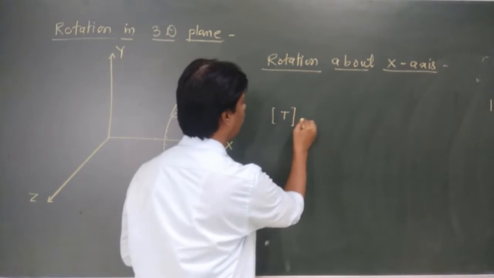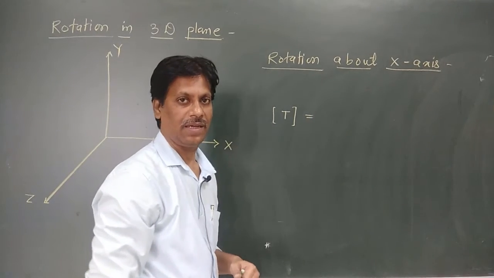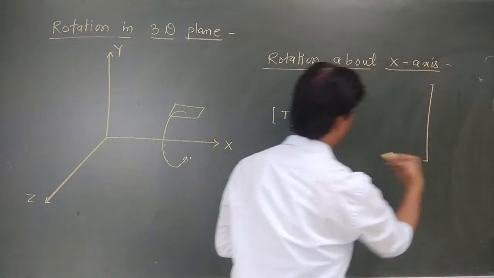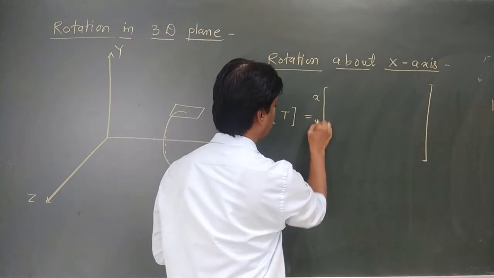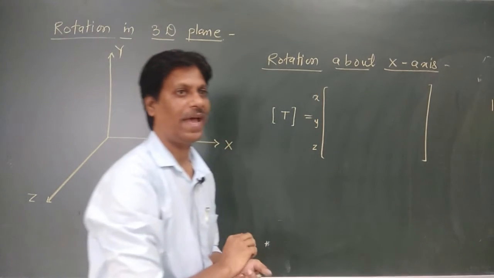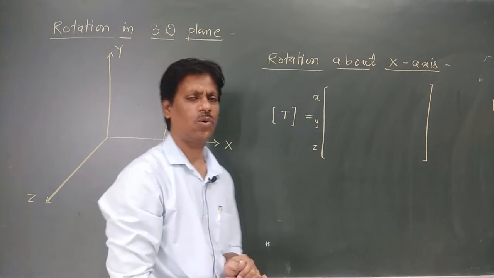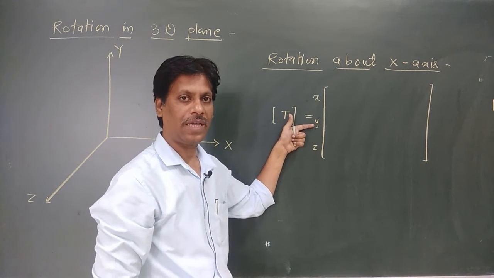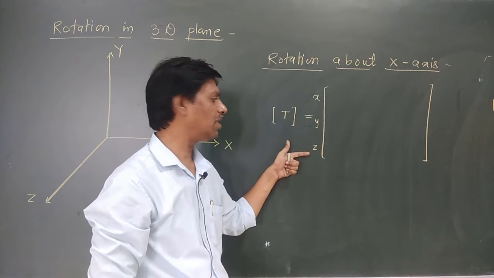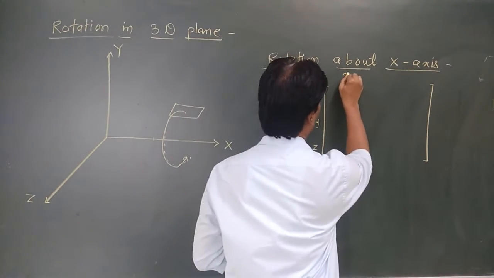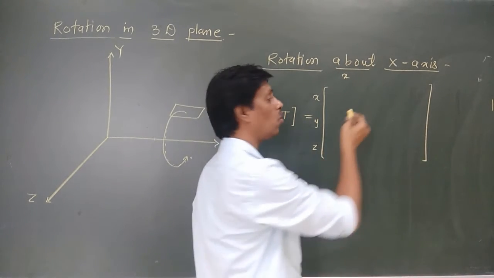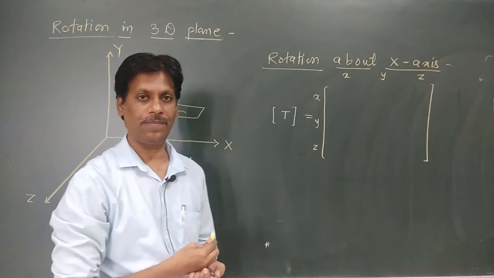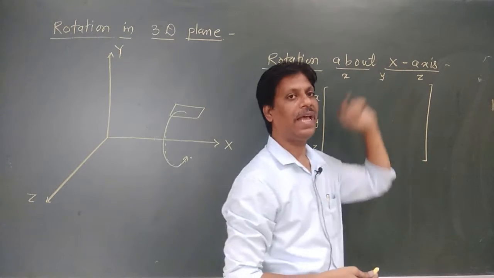Generally any transformation matrix we can denote by T. Assume there are 3 rows which represent the x coordinate, y coordinate and z coordinate. The first row represents x, the second row represents y and the third row represents z. Similarly, the first column represents the x coordinate, the second column represents the y coordinate and the third column represents the z coordinate.